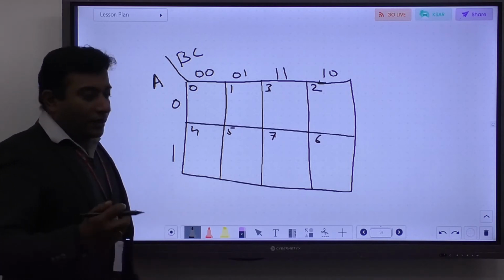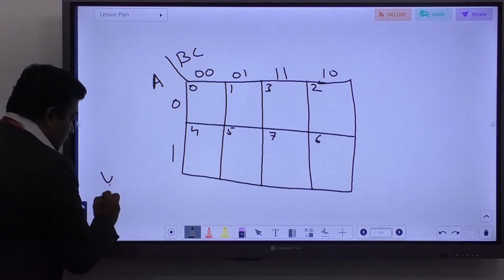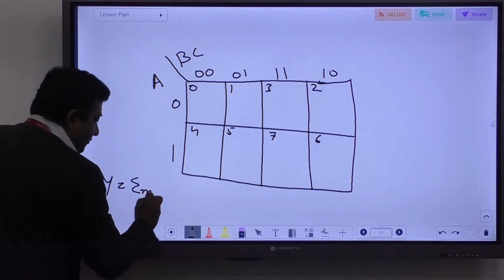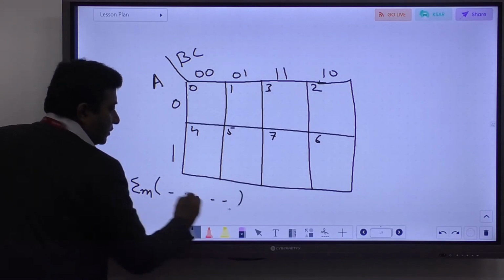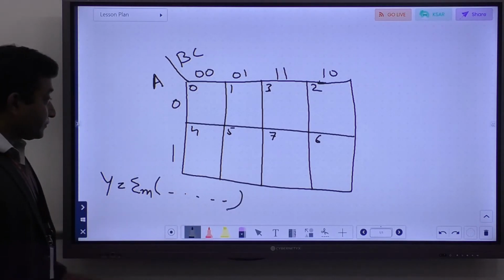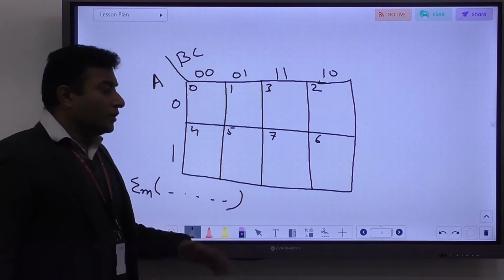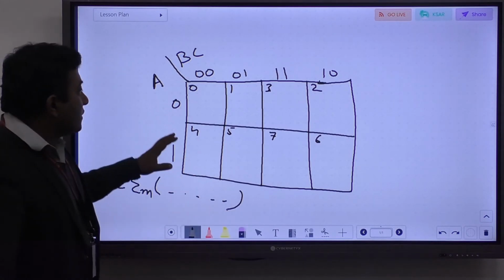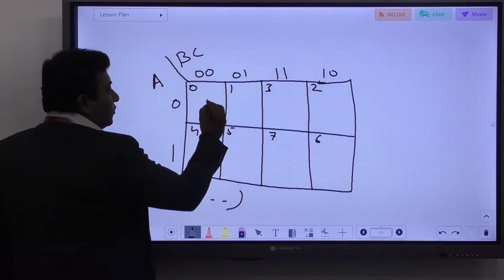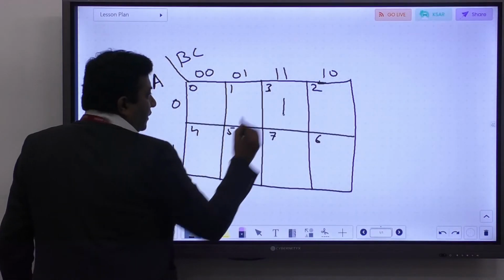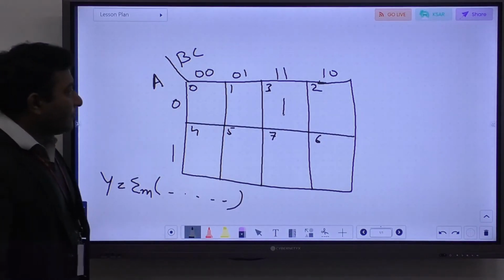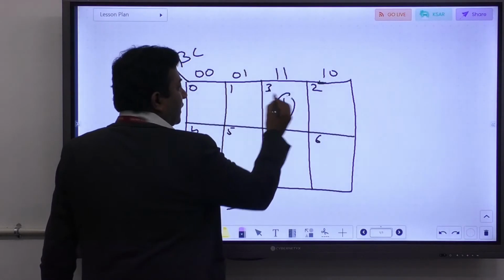First, suppose we are getting minterms, the question is y equals summation of minterms, and the minterms would have been written, or otherwise an equation or a truth table. So in case you get only one minterm, say at 3, there is no option. What you have to do is get it as a singlet.